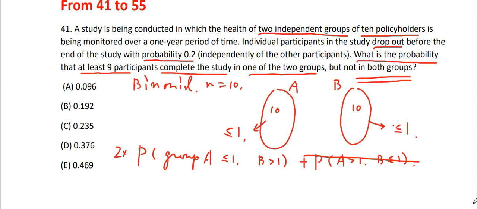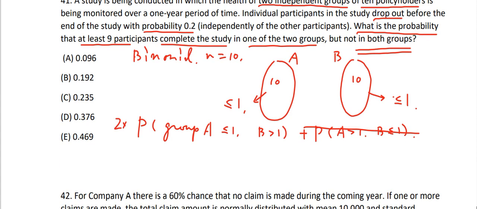This says that group A and group B are independent. So this probability equals 2 times P(group A less than 1) times P(group B larger than 1). Group B larger than 1 is 1 minus P(group B less than 1).